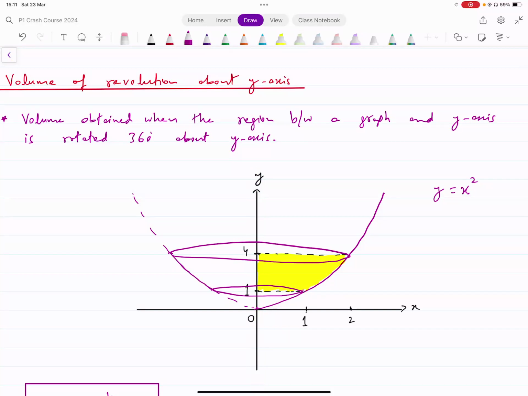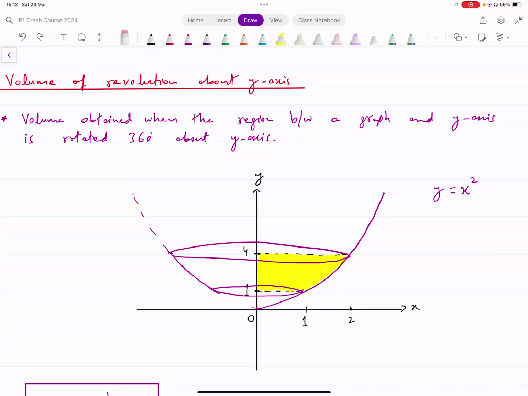It's a ball like this, right? This is the figure for which you want to find the volume. So when this shaded area is rotated about the y-axis, you get a figure like this. You want to find the volume of this figure now.